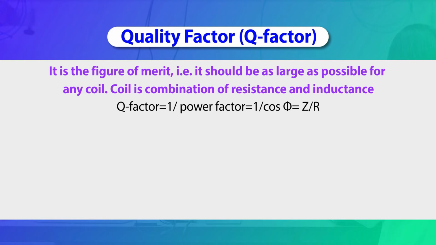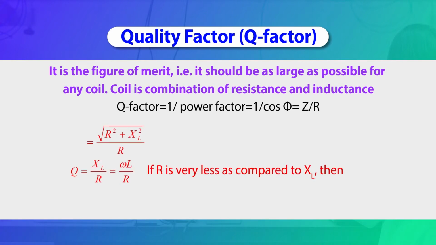And what is the value of this Z? That is the impedance. If it is an RL series circuit, Z can be replaced as under root R square plus XL square, and in the denominator that is R. So if R is very small as compared to XL, then this value of under root R square plus XL square can be replaced as simply XL.